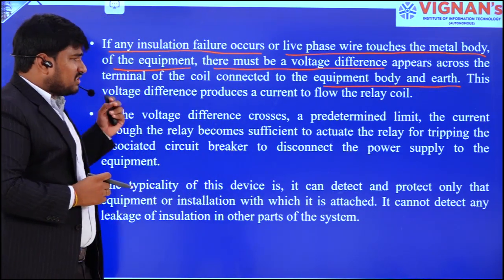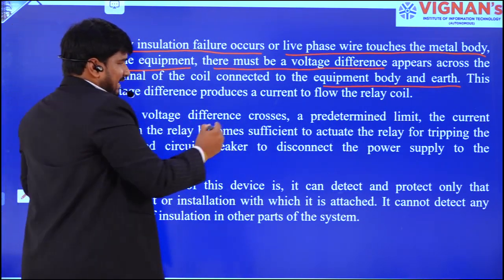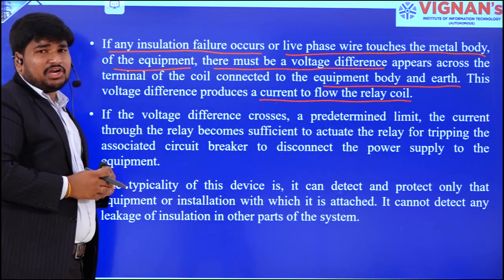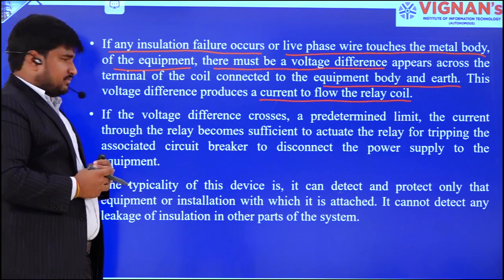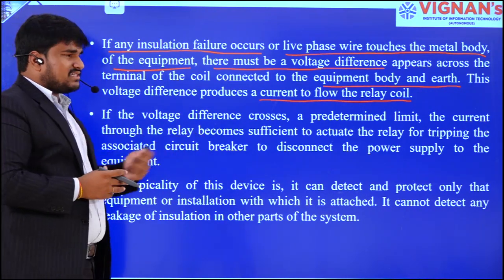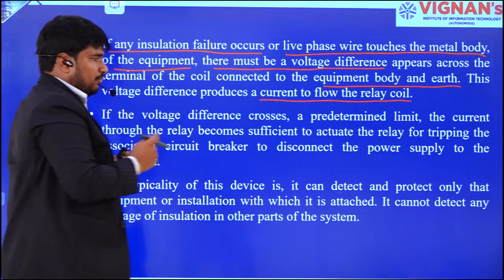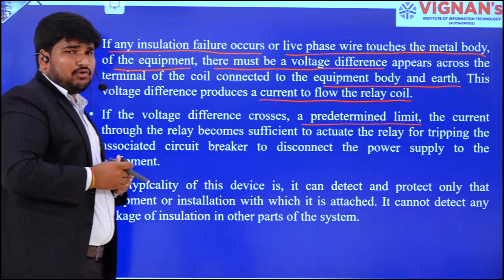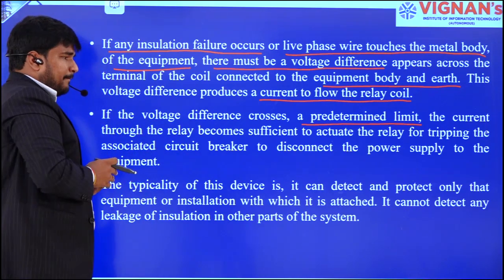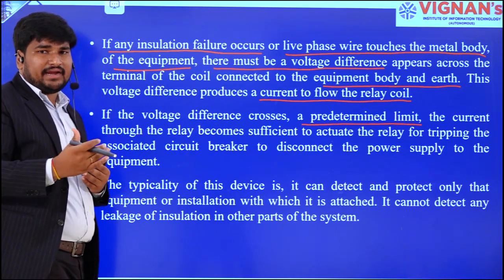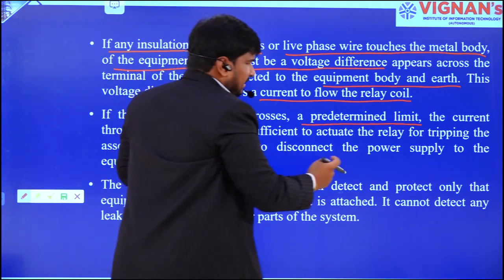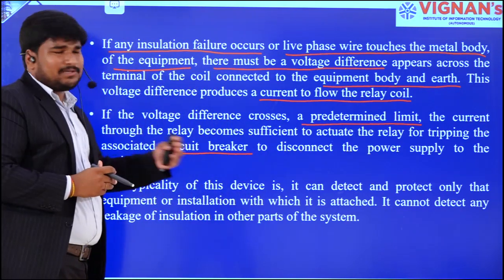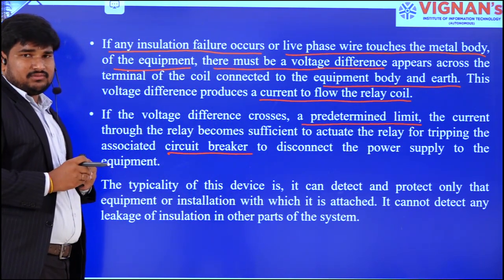Because of this voltage difference, a current signal will be generated by the relay to trip the circuit breaker. If the voltage crosses some predetermined value, the current through the relay becomes sufficient to actuate tripping of the circuit breaker to disconnect power supply to the equipment.